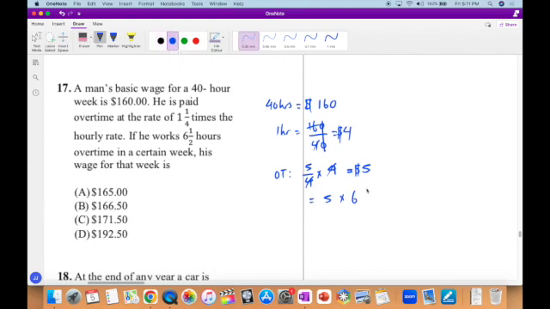We could do 6 and a half, because we know that 6 fives are 30, plus $5 multiplied by a half, which would be $2.50. And so he would have gotten $32.50 for the overtime. And so his total for this week would have been $160 plus the $32.50.